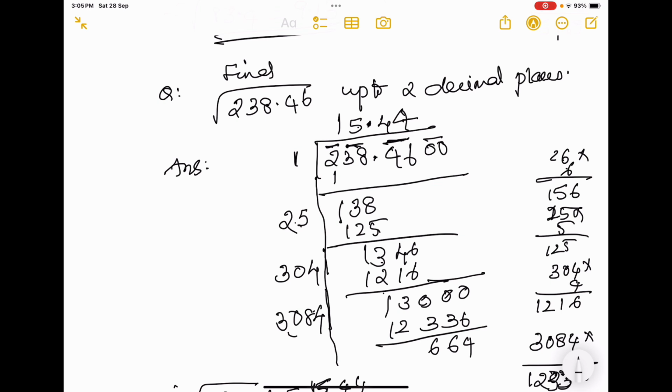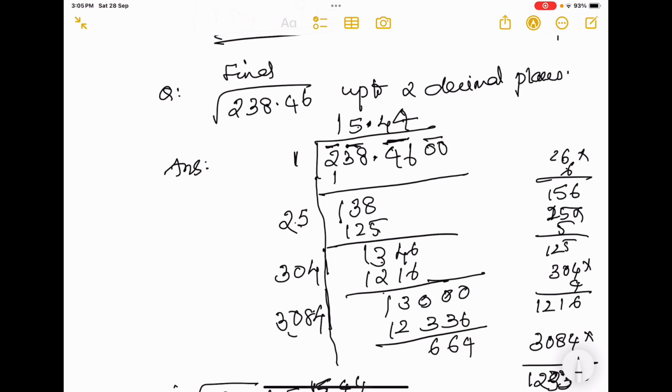Then you bring down the next group, 00. Then you write 154 into 2 on the left of this 13,000. That is 308. You write 308 by leaving a place for one digit. Then here you divide.